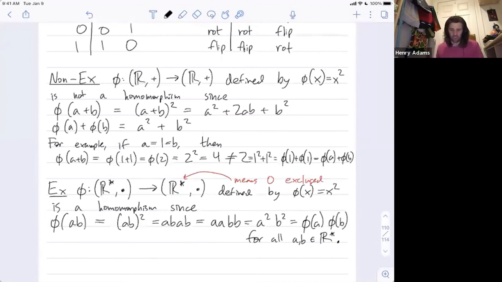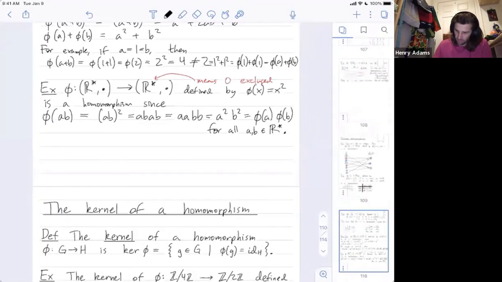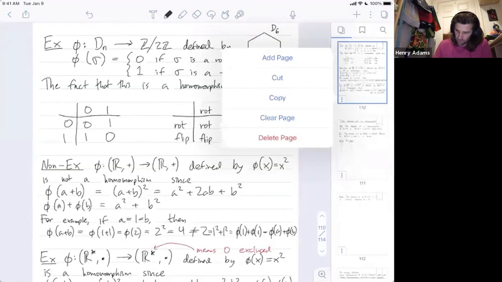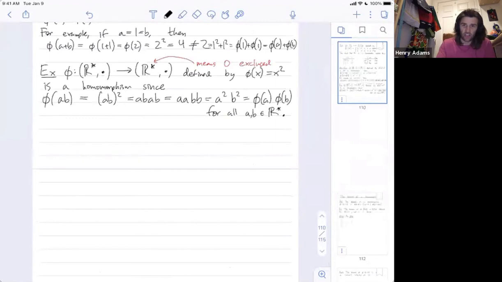All right, I lied. I'm going to do one more example while I have you here. This is for folks who have seen linear algebra, and no worries if you haven't.